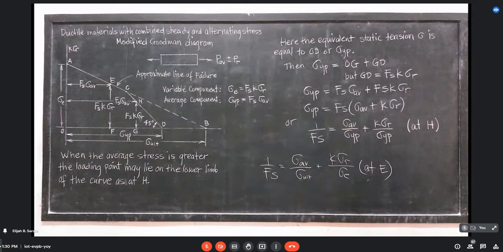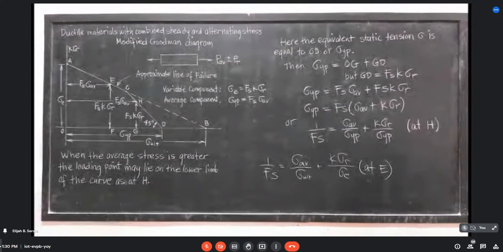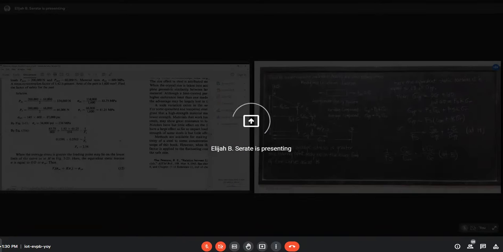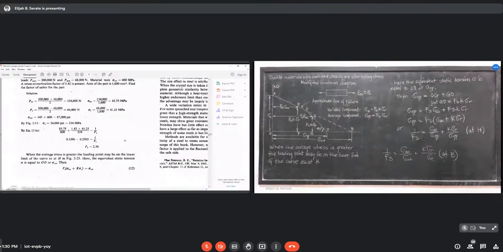I'm going to share screen. Can you see the screen? Yes, sir. Okay. It says here that when the average stress is greater, the loading point may lie on the lower limb of the curve H, and it is the formula.